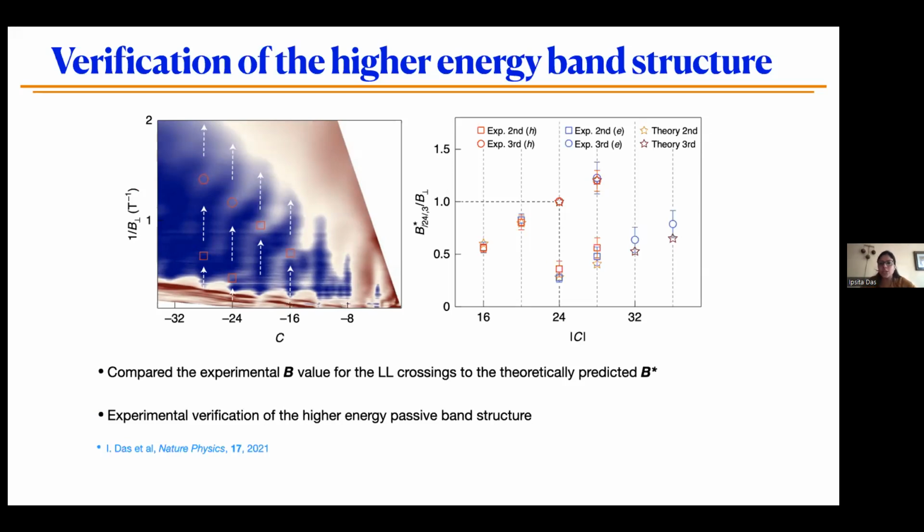So on the right-hand side, I have a theoretical model where I calculated exactly at which magnetic field this interruption or this break of Landau level will happen. Then I compare my experimental data with the theory and find out that there is basically a perfect match between the experiment and theory. And from this, I can exactly calculate the band structure of twisted bilayer graphene in the system. Okay.